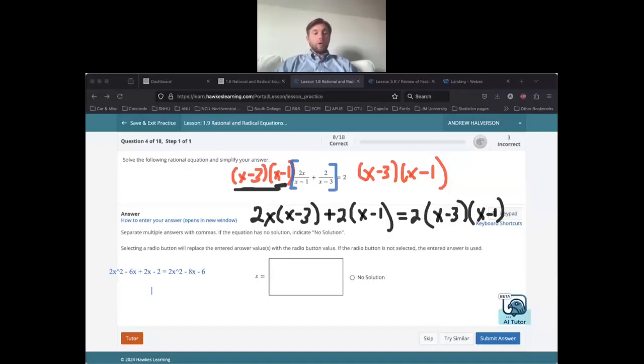Okay, just like before, we see the squares. We should be thinking quadratic. So I need to get those squares over to the left side. To do that, I subtract 2x squared from each side, and what happens?